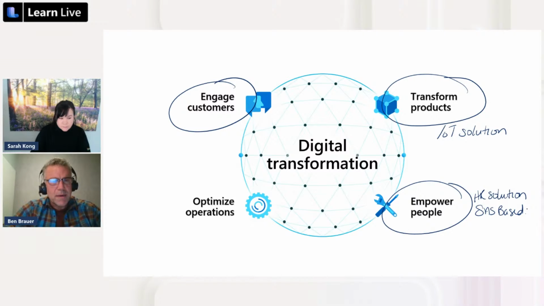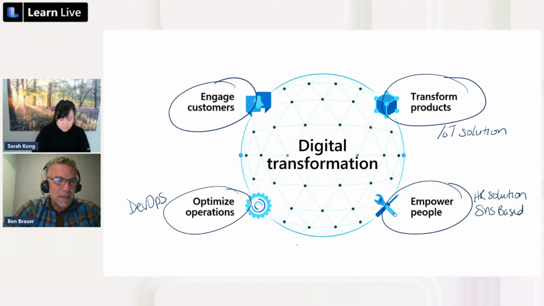Then, of course, there's the optimization of operations. We talked a little bit about IoT, which is certainly one way to go about transforming and optimizing your operations. But there are a lot of ways to optimize operations. One is just using it within your own data center. There are also ways to transform and streamline your developer environments, or your dev, test, and performance operations.